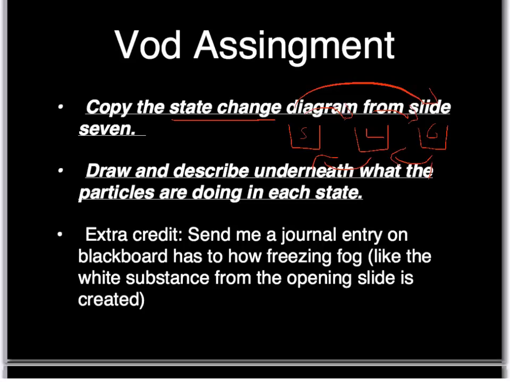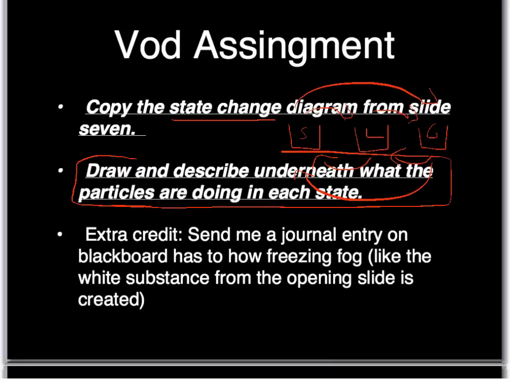You need to copy that down and show that you've looked at that. And then it says draw and describe underneath what the particles are doing in each state. So you need to draw out the particles like I did in that slide, and you need to describe there underneath the diagram, so maybe at the bottom of the page, what each one of the particles are doing in terms of kinetic energy.